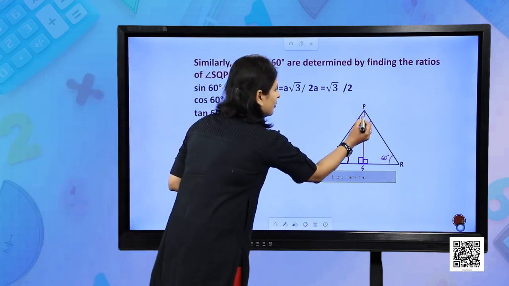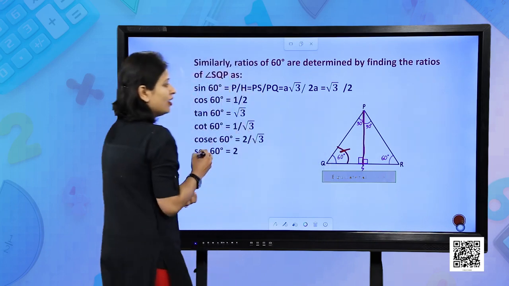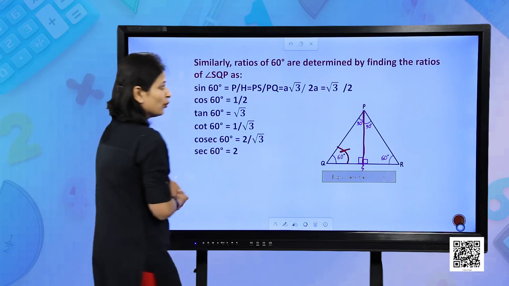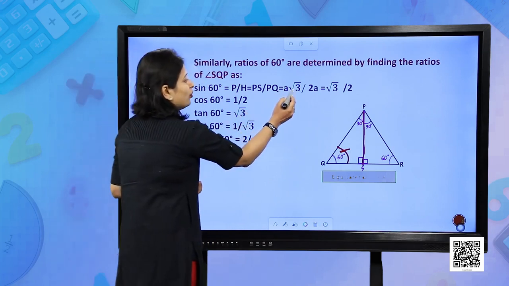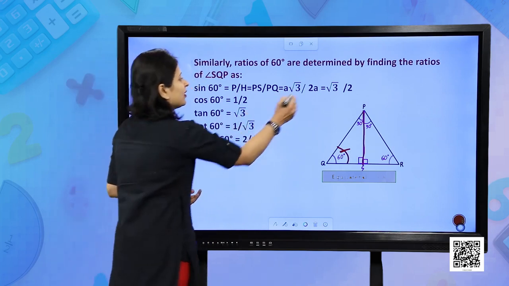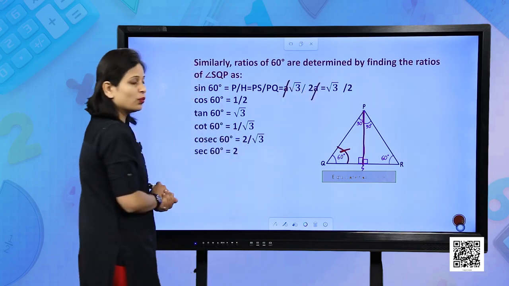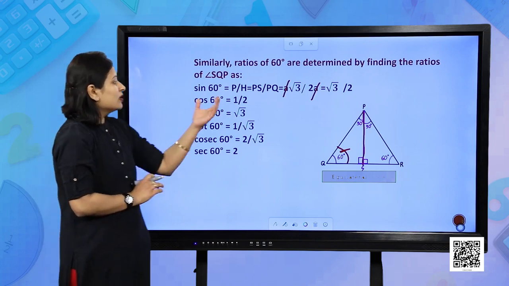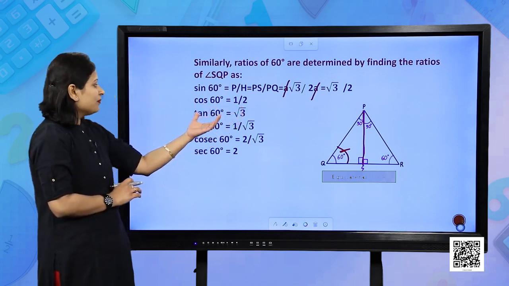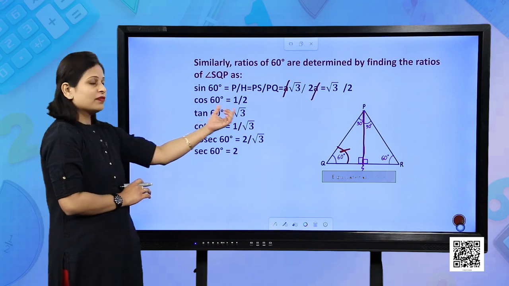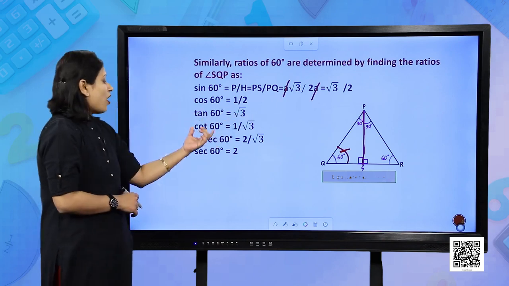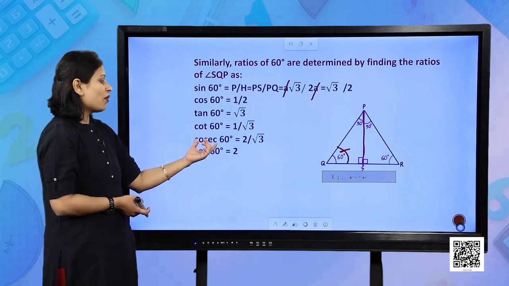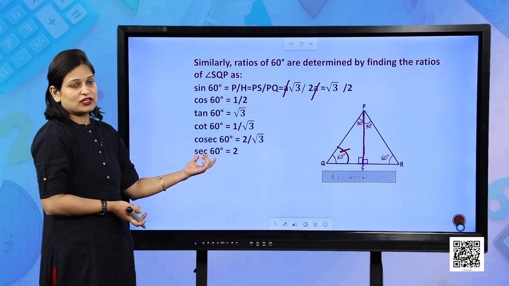Perpendicular will become PS with respect to angle PQS and hypotenuse will be PQ. So, what will you get? Root 3A divided by 2A, cancel out A, you will get root 3 by 2. For cos 60 degree, you can find out the value easily. For tan 60 degree, root 3. Cot, cosecant and secant functions are just the reciprocals of tan, sine and cos functions.